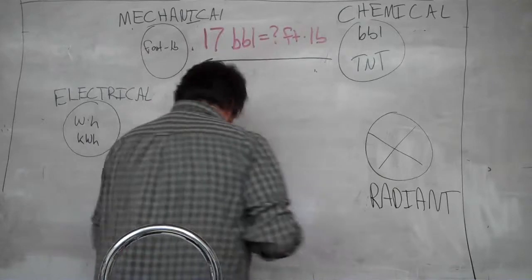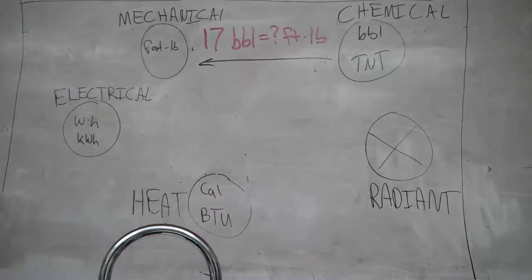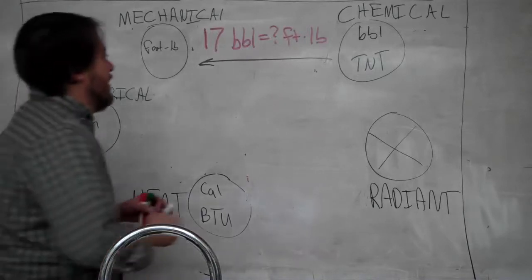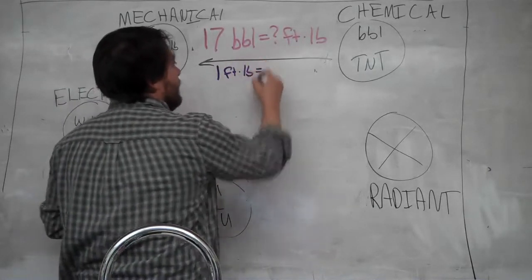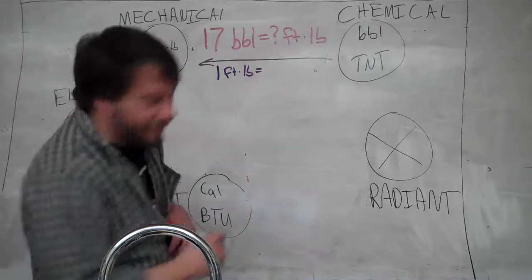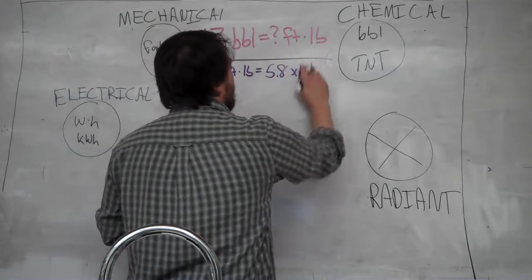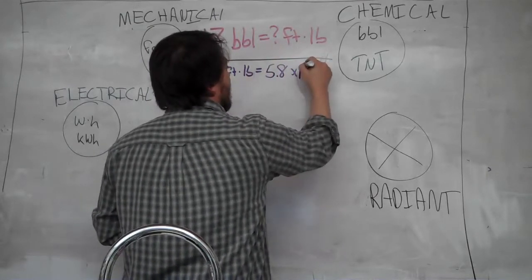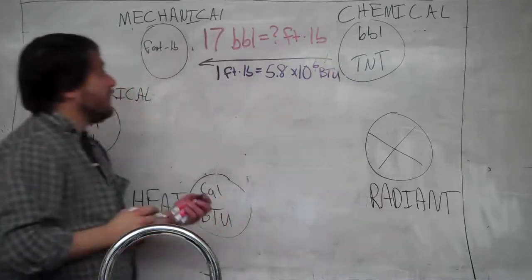My conversion factors, I'm going to need multiple ones here. 1 foot-pound equals a certain number of BTU, 5.8 times 10 to the 6th BTU.